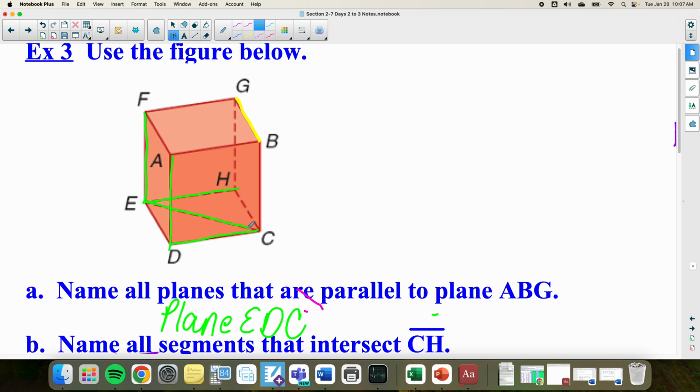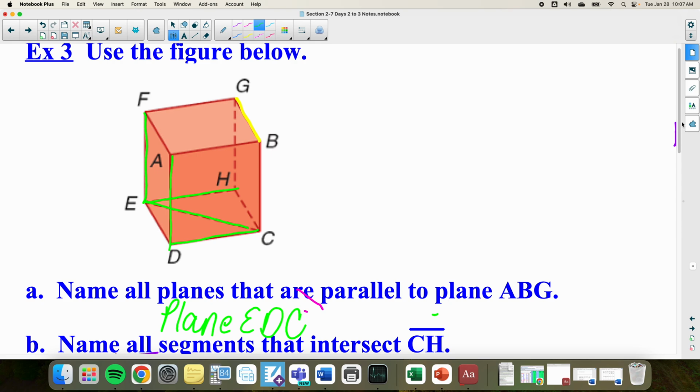So FG touches it, AB touches it. Do you guys get FA as parallel to GB, as well as ED is parallel to GB, and HC is parallel to that, okay? Then GH touches it and BC touches it, okay?